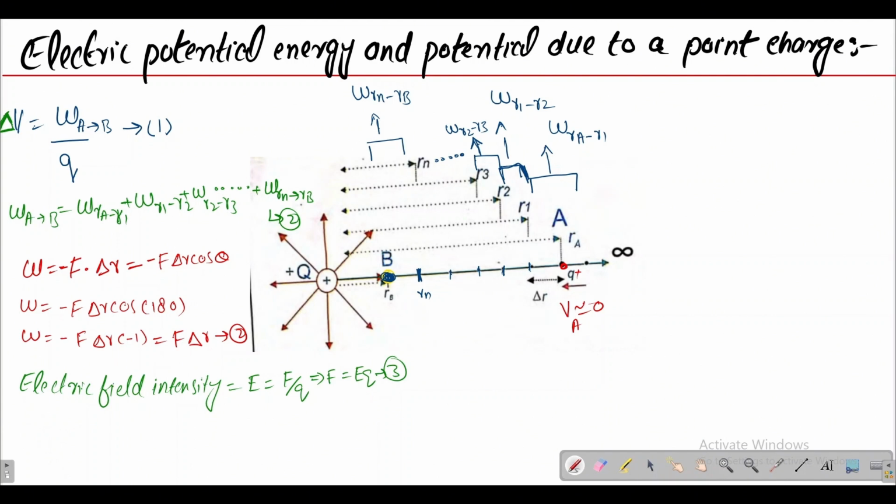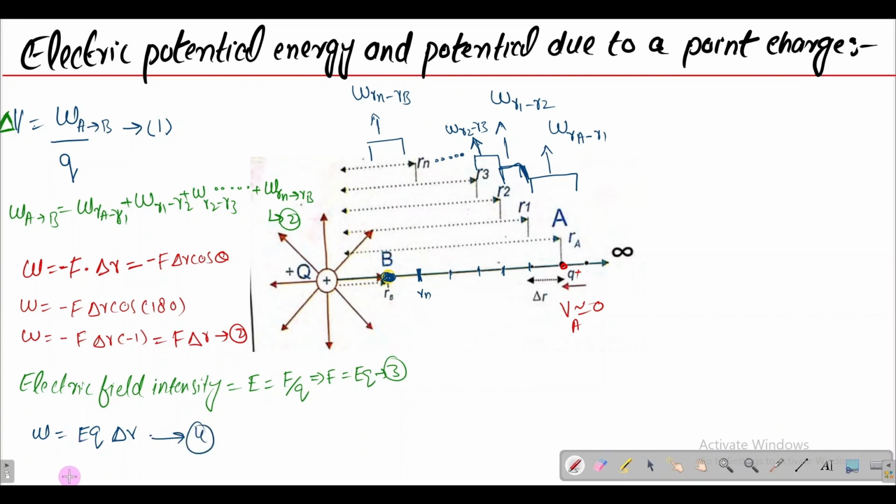So equation 2 becomes: work done is equal to F, and instead of F we put this value E Q, and this del R comes in its own position. This is equation 4.